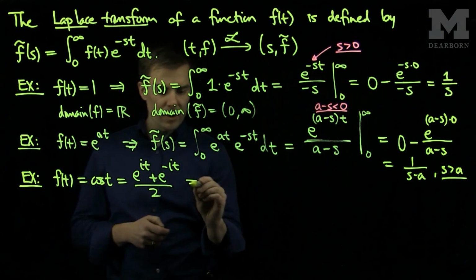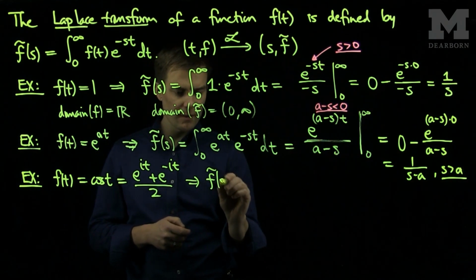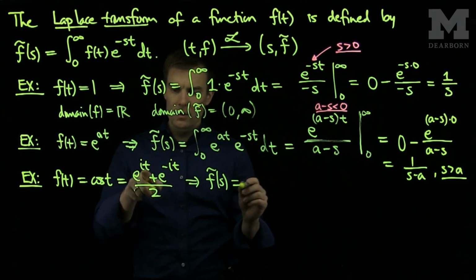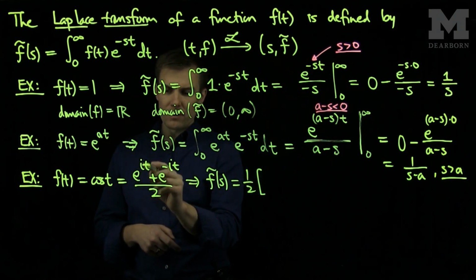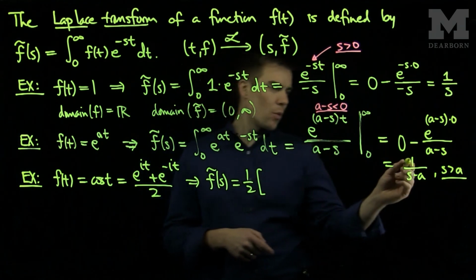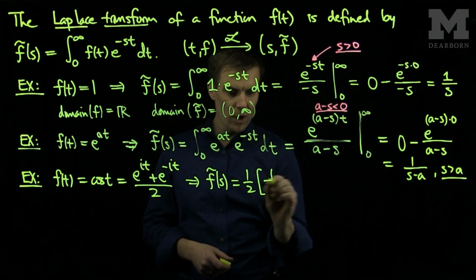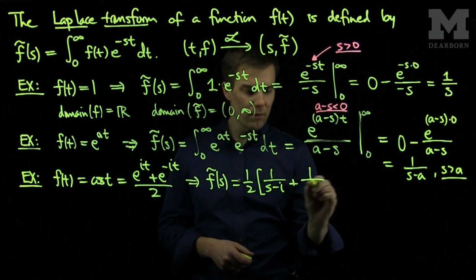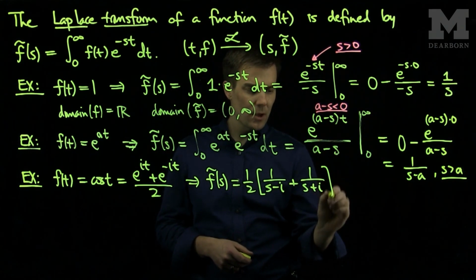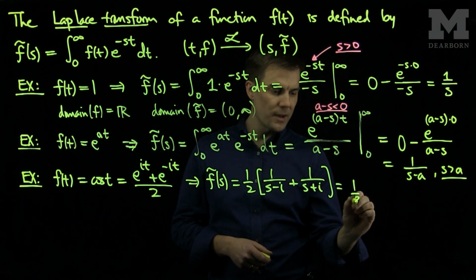So when I Laplace transform this, f tilde of s will be 1/2, I'll pull that out, times the Laplace transform of e to the at, which is 1 over s minus a. So I'll have 1 over s minus i plus 1 over s plus i, which when we simplify will be 1/2.